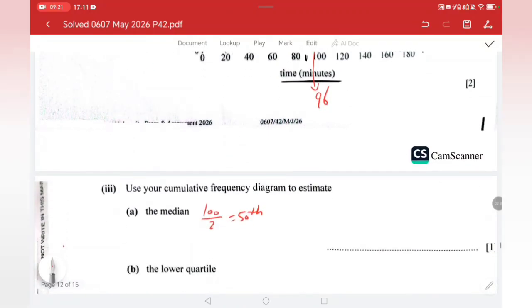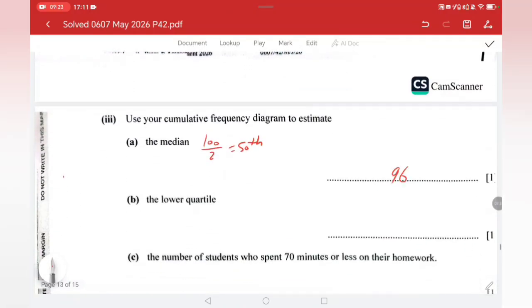Okay, 96. Your answer may be a little bit different, but this is according to my graph there. Okay, maybe yours will be different, but not a big difference.